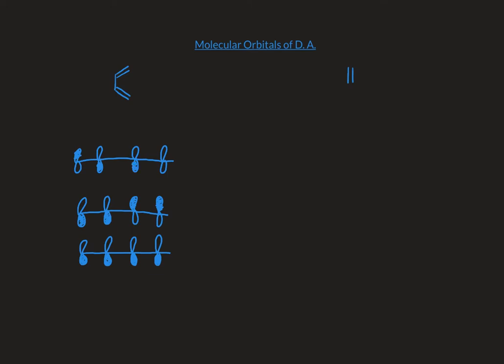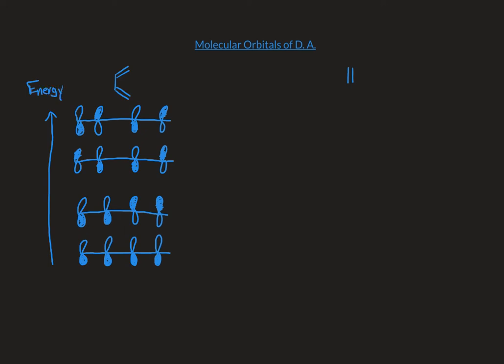And the next one comes between carbons 3 and 4. And the highest energy orbital has 3 nodes, 1 between each p orbital.